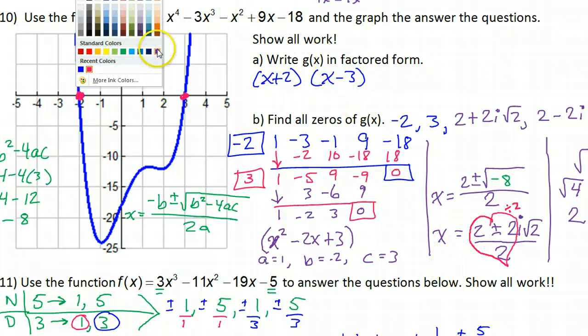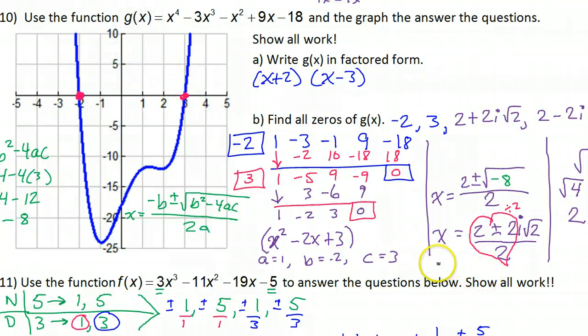What I will get is x equals, now 2 divided by 2, that's 1. So I have 1 plus or minus. 2 divided by 2 again is 1, but this time I don't have to put it because I have the rest of this: i radical 2. So this is the bottom line.